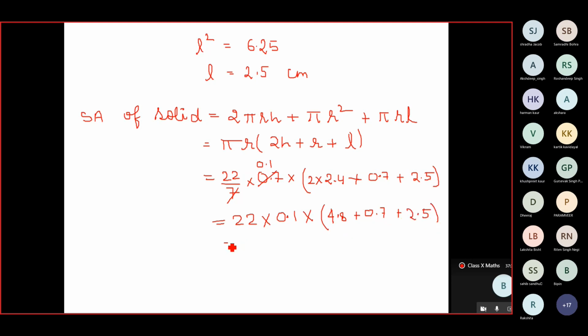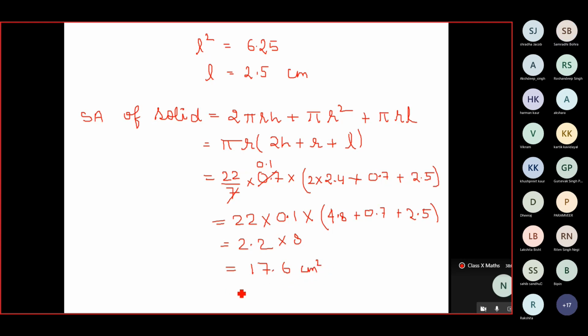It is 8. So 8 into 2.2 gives the answer 17.6 centimeters square.